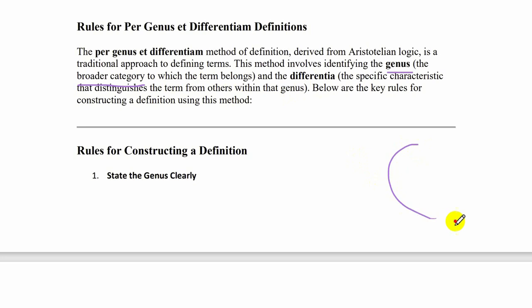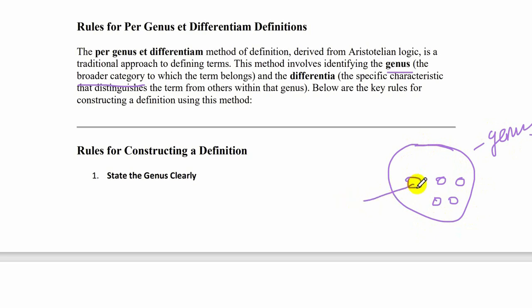So if I have to explain with a Venn diagram, this could be a genus, the broader category. Inside there could be multiple subcategories. So for example, this could be a polygon genus. Inside we have square, triangle, rectangle and so on. Now if we have to clearly define one of the terms of the genus, then that is known as differentia.